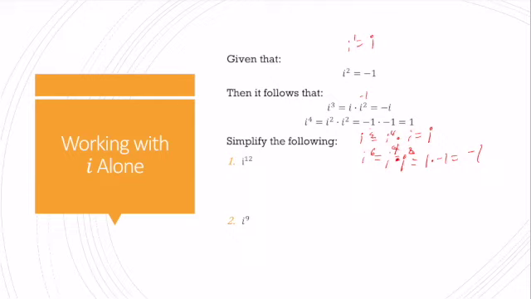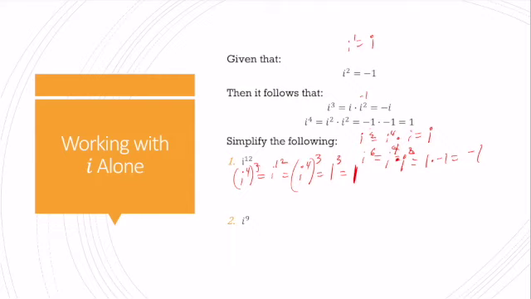So if I have i to a higher power, it might be kind of fun to think about ways I could break that up. 12 is divisible by 3, and it's divisible by 4. And I know that i to the fourth cubed is i to the 12th, right? So i to the 12th is i to the fourth times itself 3 times, that's really the same as 1 cubed, which is 1.